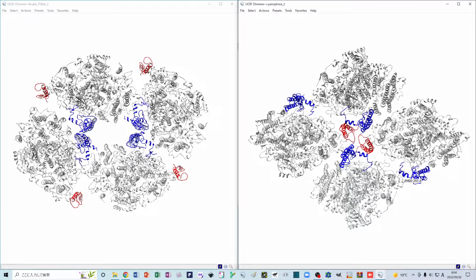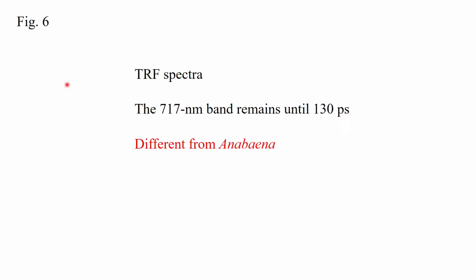This is likely due to a structural clash at these positions if PsaK were bound in this PS1 monomer and this PS1 monomer. Next is the time-resolved fluorescence spectra in figure 6.